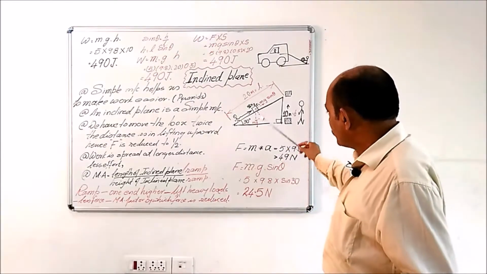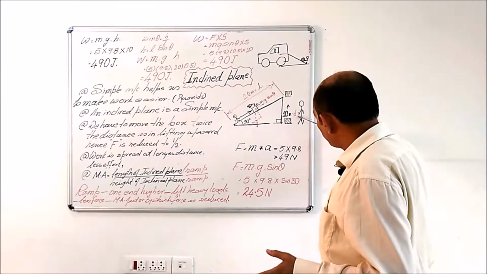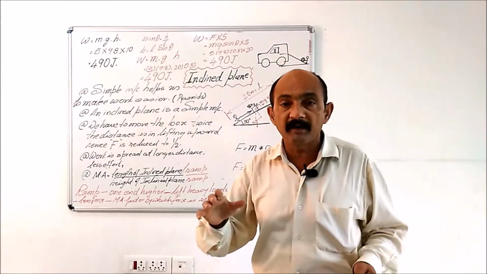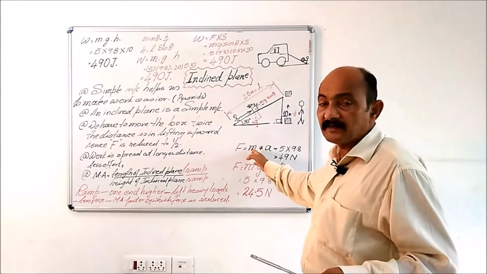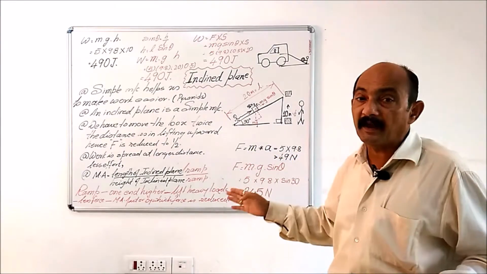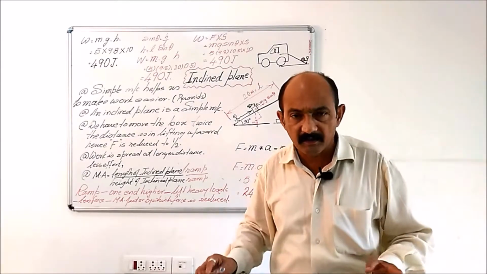Now, as you know that force is equal to mass into acceleration. Here, if this person lifts this weight vertically upwards to a height of 10 meters, the force required will be mass, which is equal to 5 kg, into acceleration due to gravity, that is 9.8, which will be equal to 49 Newton. It is clear.